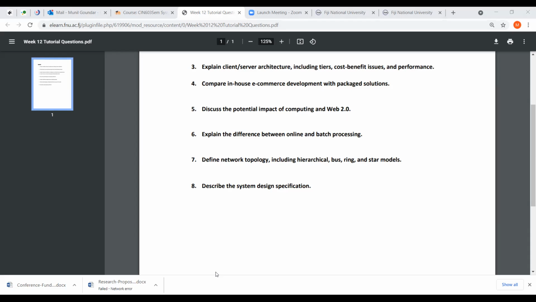Online processing avoids delays and enables processing to take place instantly. Example, ATM machines.